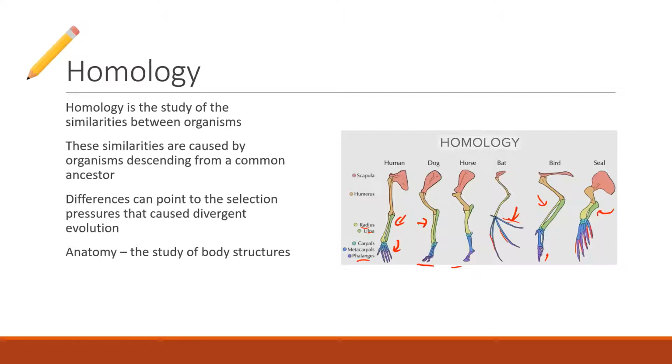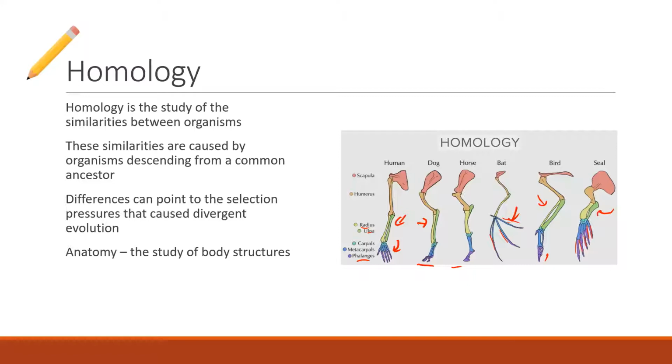You could also look at other parts of it too, but we're not going to delve too deep into looking at these things. What they can do is, the differences between animals and organisms, it can be plants as well, can point to the selection pressures that cause divergent evolution.